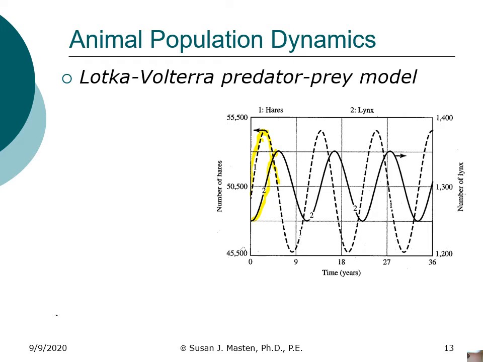Now, the Lotka-Volterra predator-prey model is a more complicated model, and it looks at the relationship between predators and prey. So what you see here, if we start at this point here, and we're looking here at the prey.